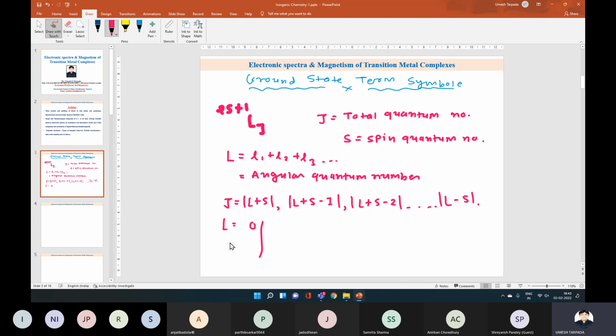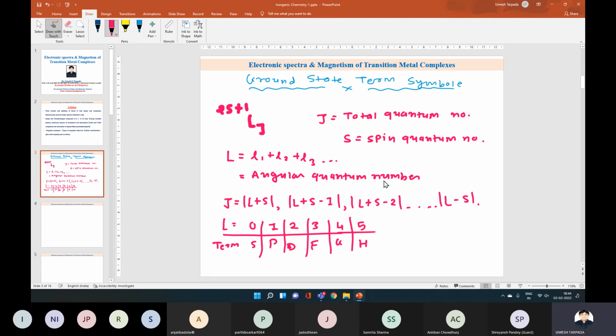Suppose the L value is 0, then the term is S. What about 1? P. And 2 is D. If it is 3, then it is F. If it is 4, then it is G. If it is 5, then it is H term. So these are the ground terms. Okay, you can use this.